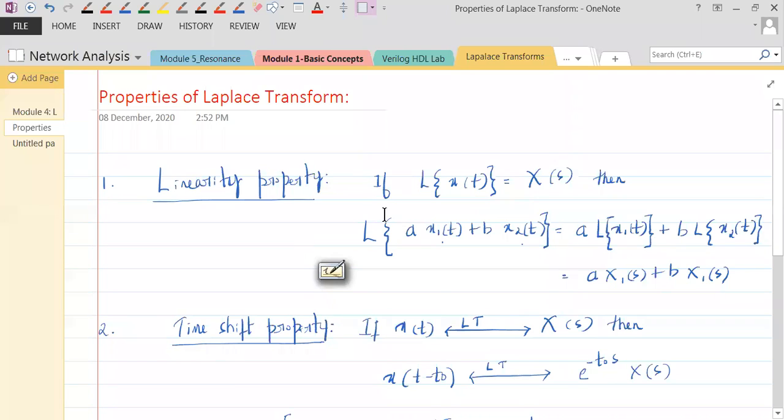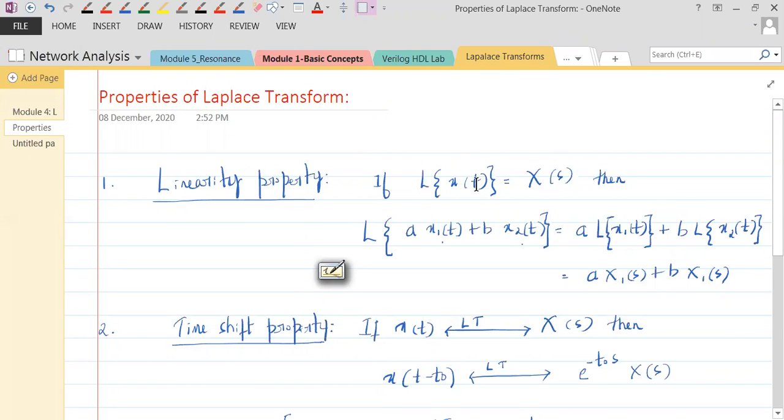Understand that? If you apply the Laplace transform on such a signal, which is a sum of scaled signals, the Laplace transform is applied only on the signals, not on the scalars associated with them. So you would take the scalars out, since a and b are scalars, and apply the Laplace transform only on the signal.